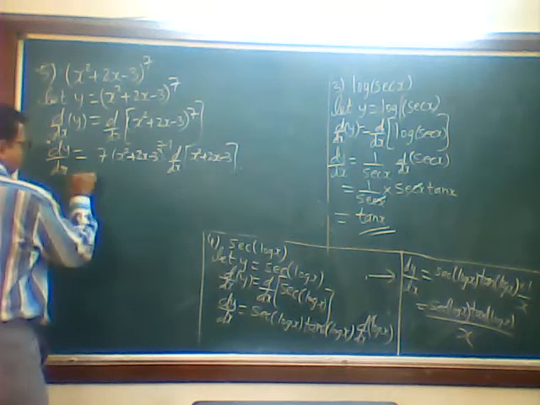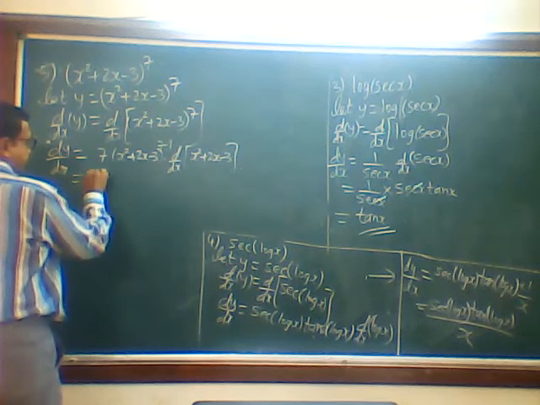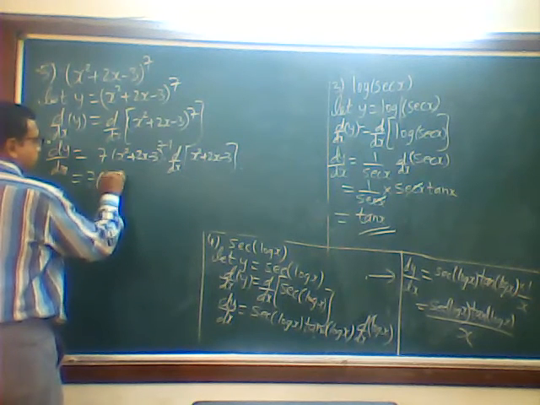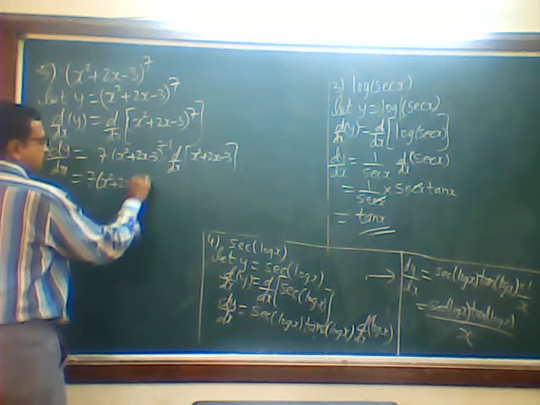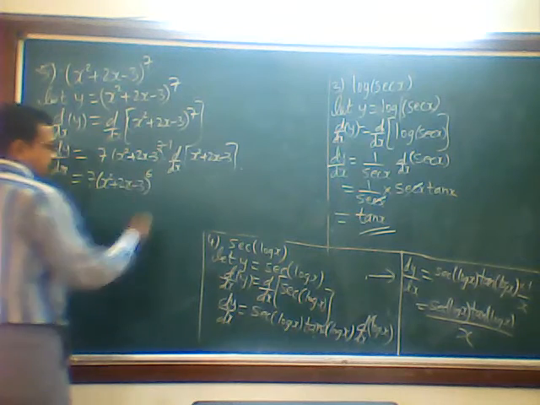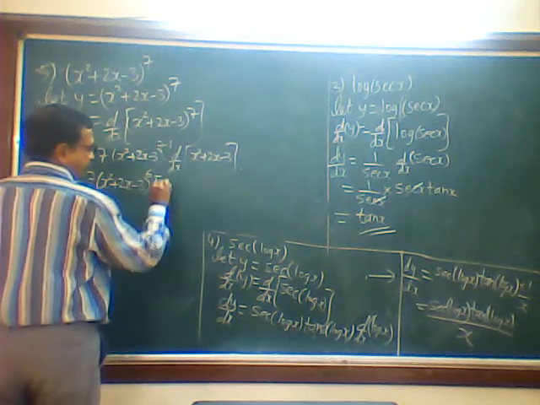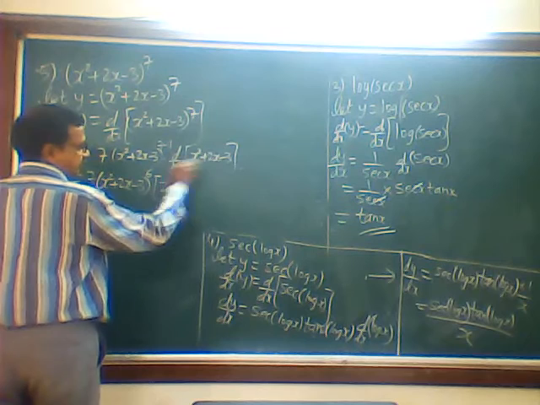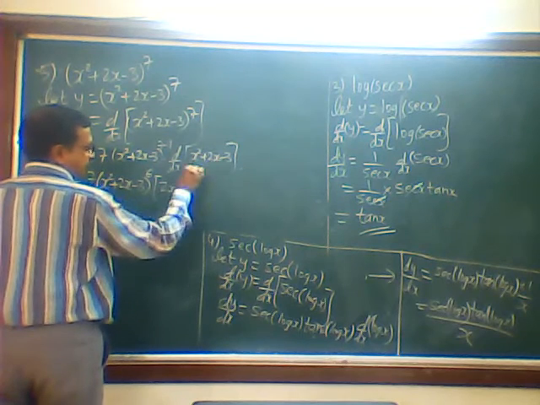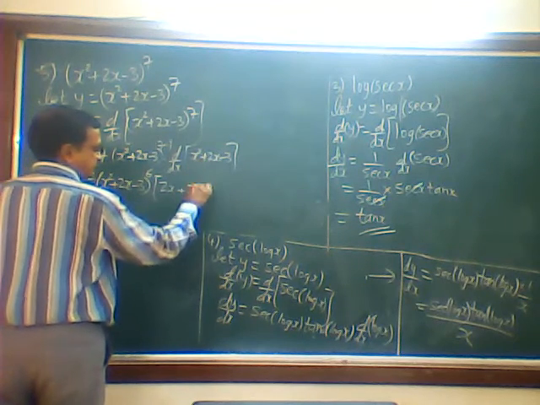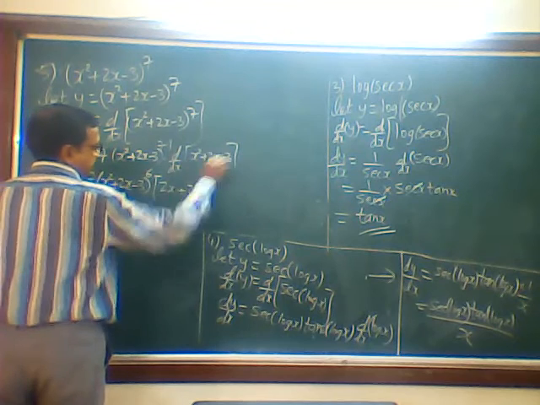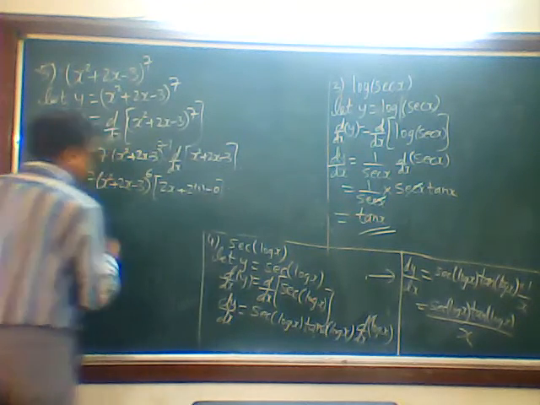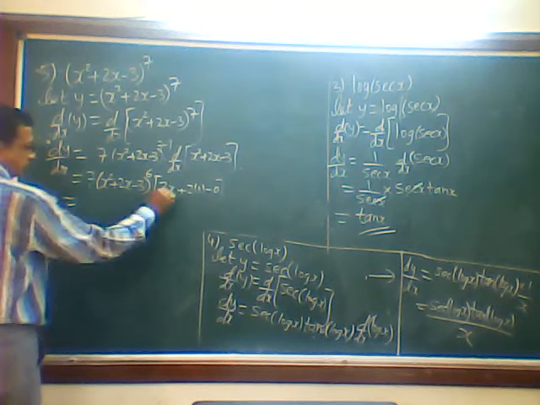Okay. So what happens here? 7 as it is. 7 minus 1 is 6. Then d by dx of x square is what? 2x plus d by dx of 2x is what? 2 constant. D by dx of x is 1. D by dx of minus 3 is what? 0 constant. So we are left with what? 2x plus 2 here.